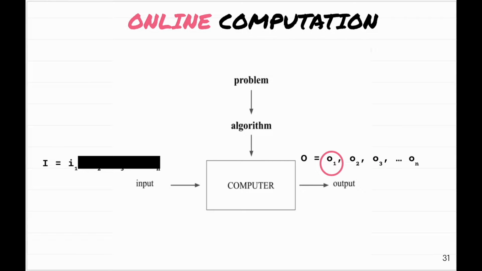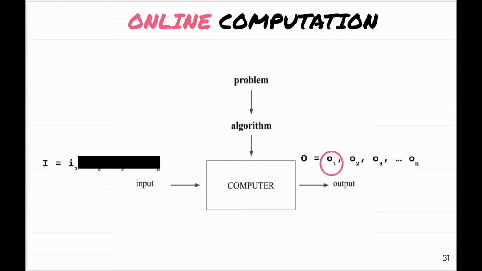So formally, online computation is modeled this way. We have a vector I and a vector O to represent the input and the output that is revealed piecewise. The manner of having a piecewise input and output is modeled by discretizing the input.